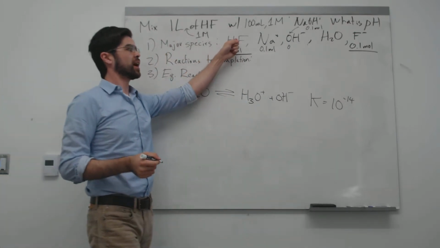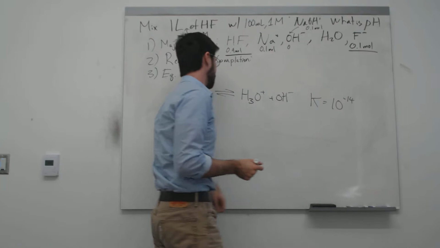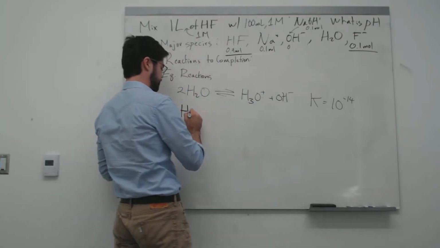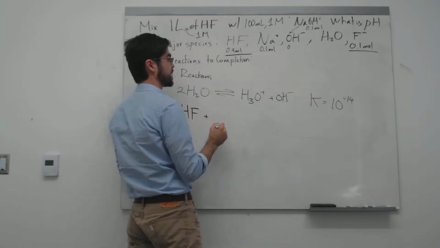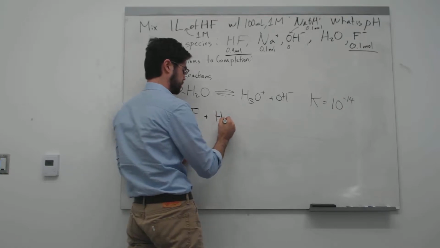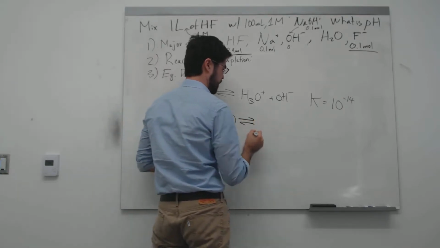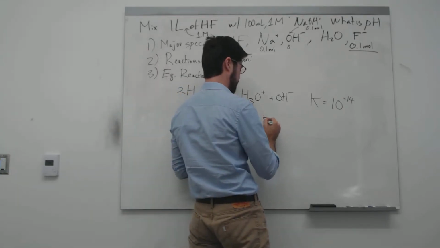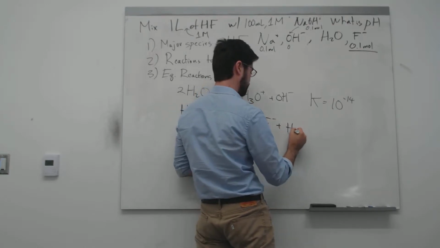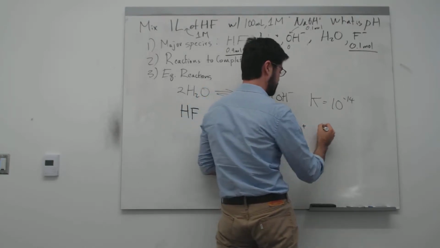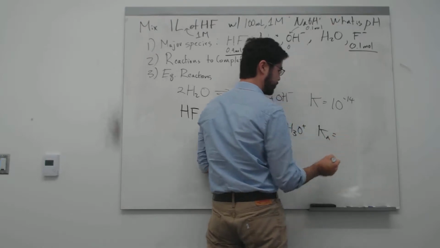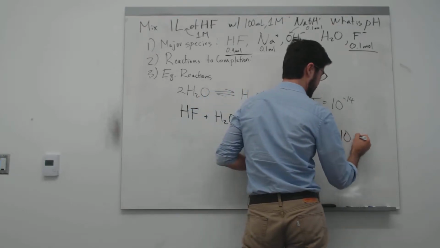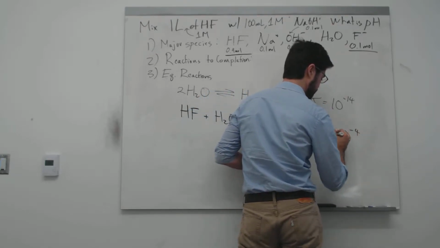I also have hydrofluoric acid and fluoride present. So HF, for example, can react with water and produce fluoride ions and hydronium ions. The Ka for that reaction is about 10 to the negative 4.